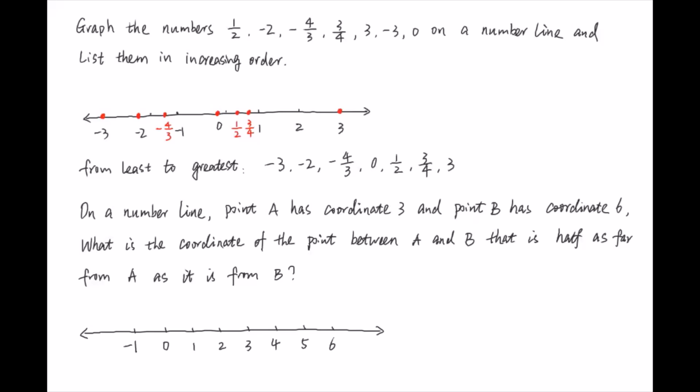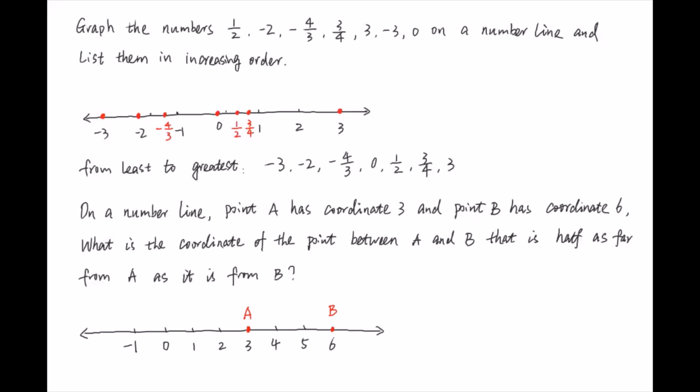And point A has coordinate 3. Point B has coordinate 6. And we need to find the point C between A and B, where the distance between A and C is half of the distance between C and B.